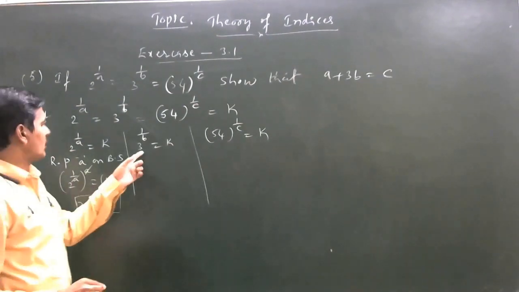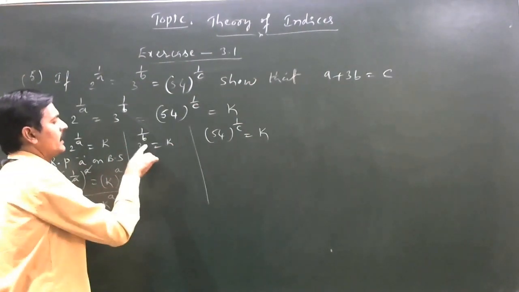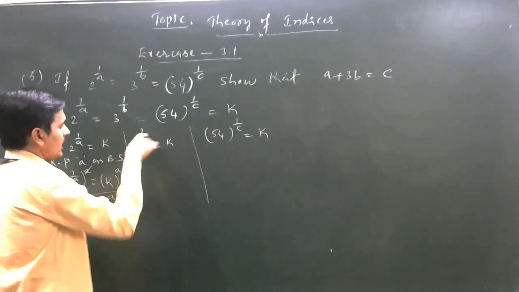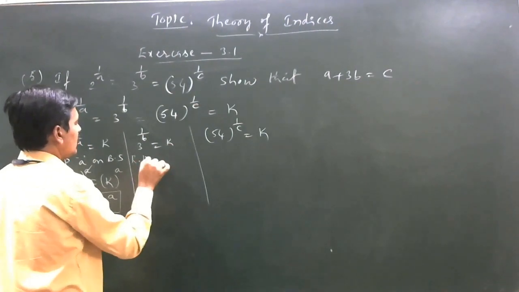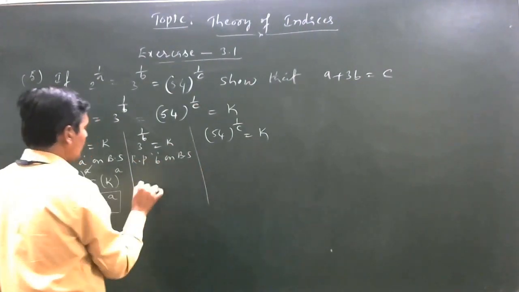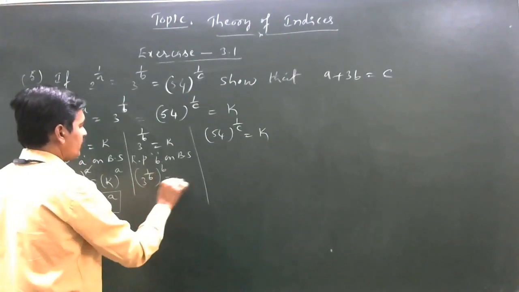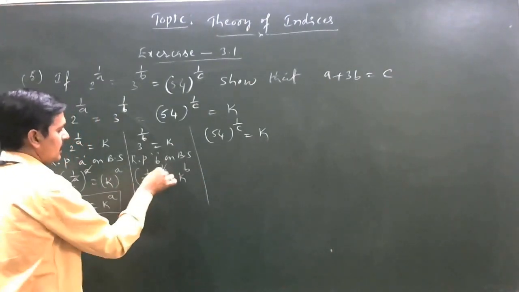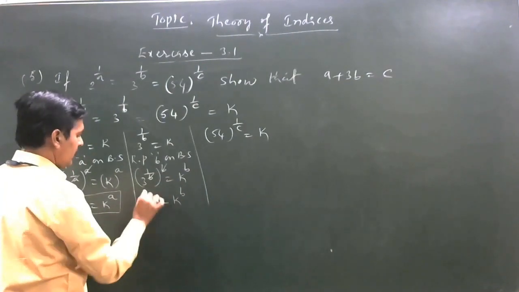Next, here also raising to the power b on both sides, the 1 by b can be removed. 3 power 1 by b whole to the power of b equal to k power b. Here b gets cancelled. 3 equal to k power b.